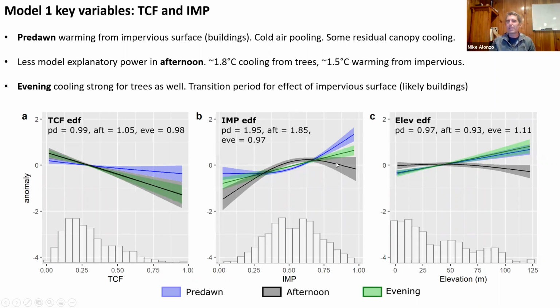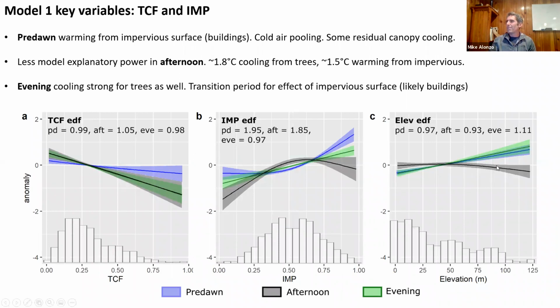We believe that's because the highest values are also places where you have relatively tall buildings, and so you have some offset effect from shading at that time of day. Now, that effect reverses in the pre-dawn. Pre-dawn, the warming from impervious surface continues to go up, probably because those same buildings are now trapping heat instead of providing shade.